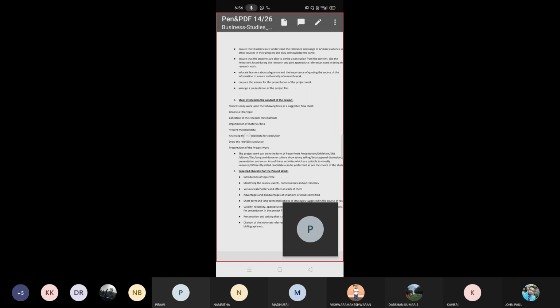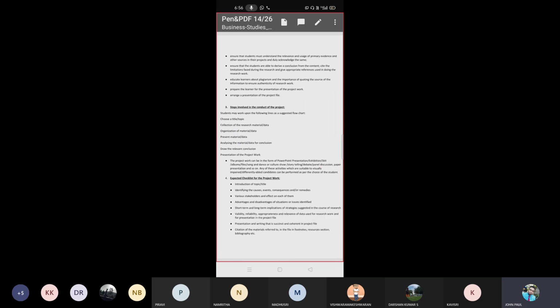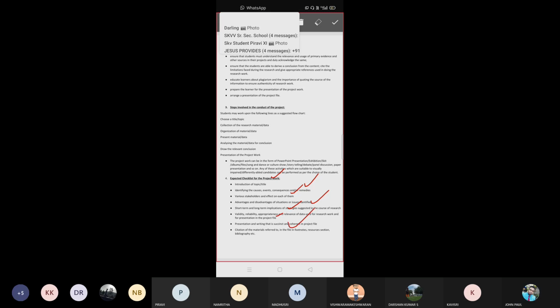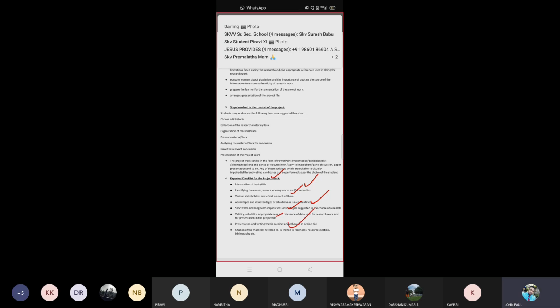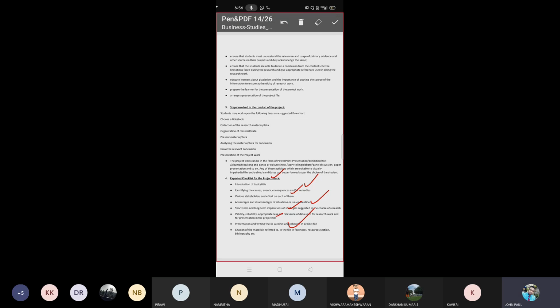So, the expected checklist: introduction, title, then identify the causes, events, consequences, various stakeholders, advantages, disadvantages, short-term and long-term implications of strategies suggested in the course of research, validity, reliability, and appropriateness and relevance of data in research work, presentation and writing, succession and coherence in the project file, citation of materials referred to in the file, footnotes, resources selection, and bibliography.